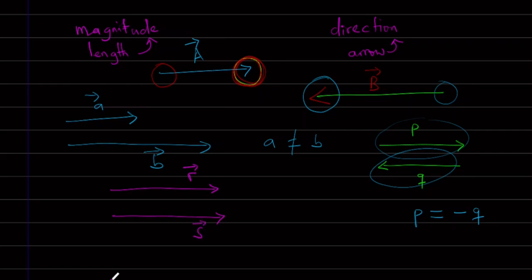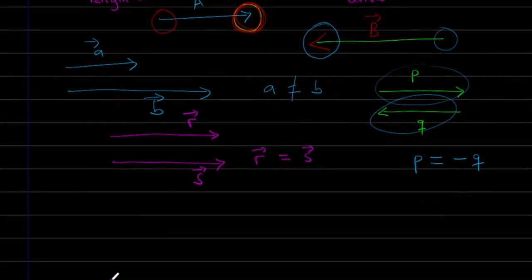We can say that these two vectors are equal because they are traveling in the same direction and they have the same magnitude. So vector R is equal to vector S, which simply means that two vectors will only be equal if they have the same magnitude and the same direction.